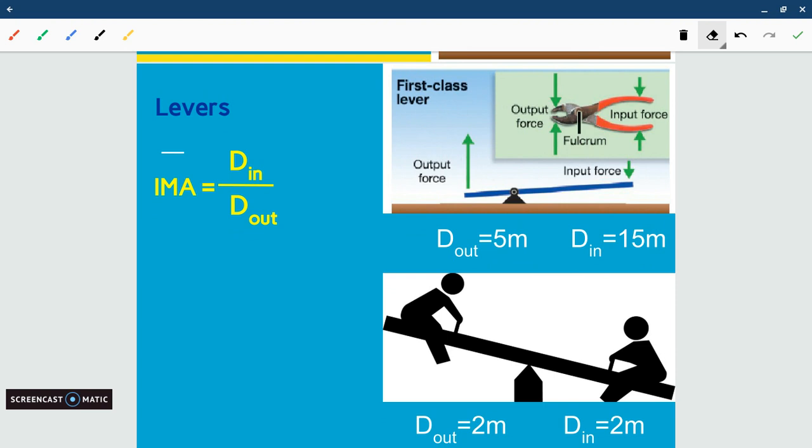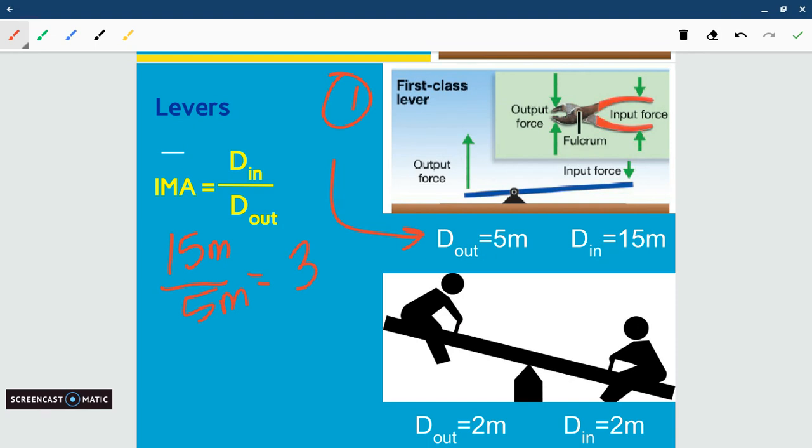On a first class lever, in this first example, the IMA is the distance to the input, which is where your hands are, divided by the distance to the output. So the IMA is equal to 15 meters divided by 5 meters, and I will get a mechanical advantage of 3.